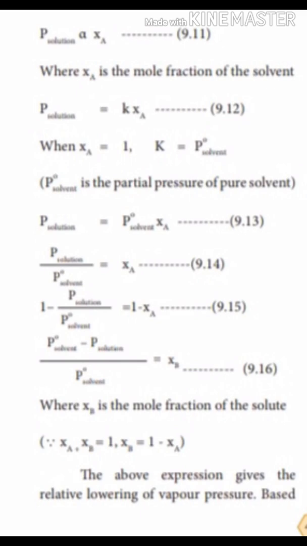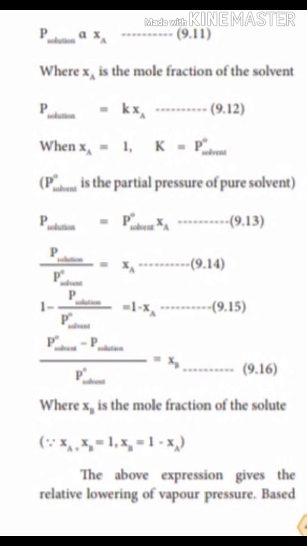When XA is equal to 1, K is equal to P naught solvent, the partial pressure of the pure solvent. So P solution is equal to P naught solvent times XA.